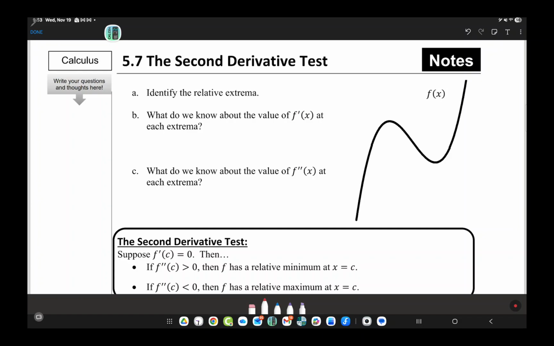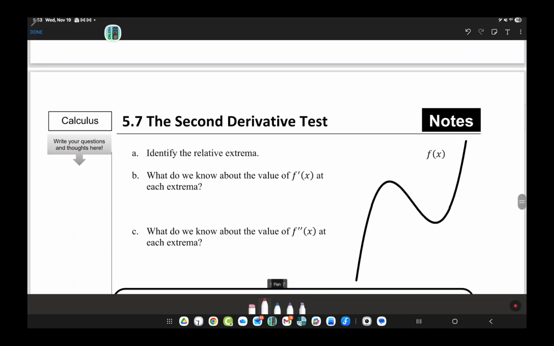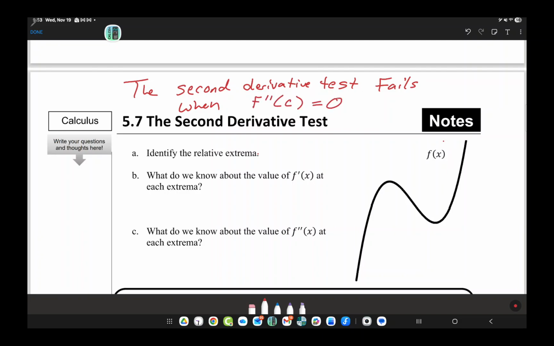All right. So, 5.7, second derivative test. Before we get started, I want to make this note. The second derivative test fails when f double prime of c is equal to 0.